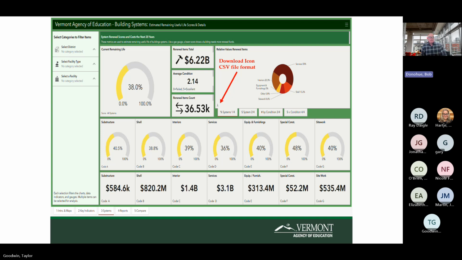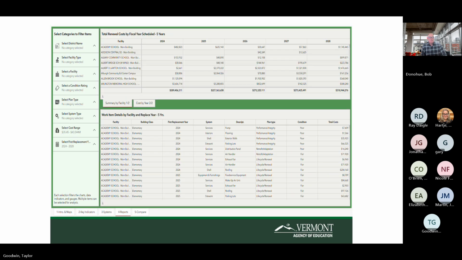All right, next page. So this one here is where you can now do downloads to an Excel spreadsheet of any of the data that's contained on this page. And this is where we start going into projected 5-year spending. So same sort of thing on the left.